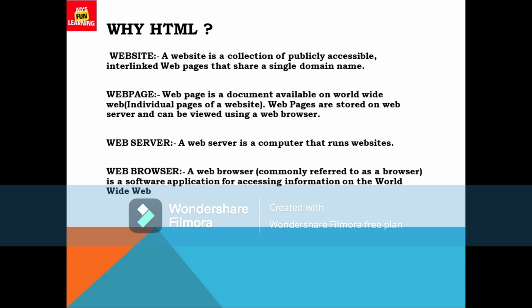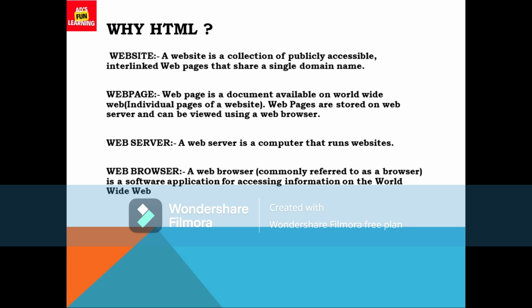So if I enter this, it will locate a particular address in the server. What is server? Server is the storage place, where these pages or these websites are stored. And when we need that, we enter a proper address and it will be loaded.